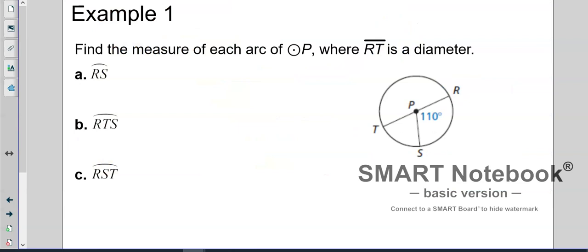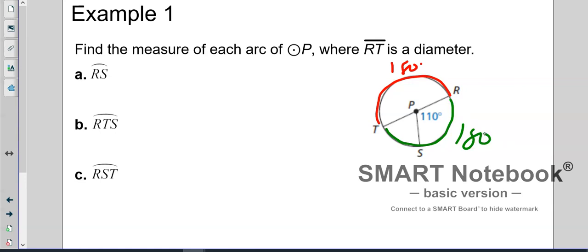Example 1. Find the measure of each arc of circle P, where RT is a diameter. Okay? Well, if RT is a diameter, that means this arc right here is a semicircle. So that makes RT right there 180 degrees, which means that this is also 180 degrees.